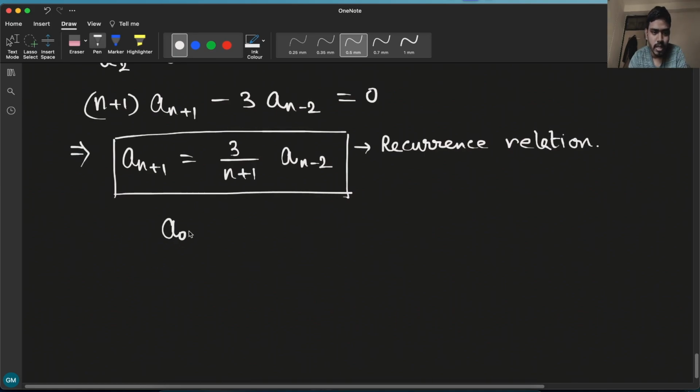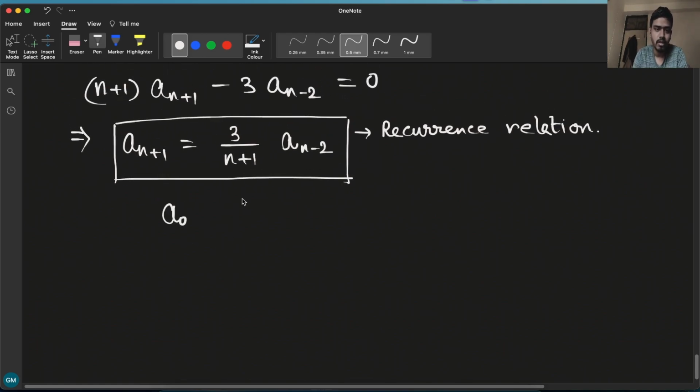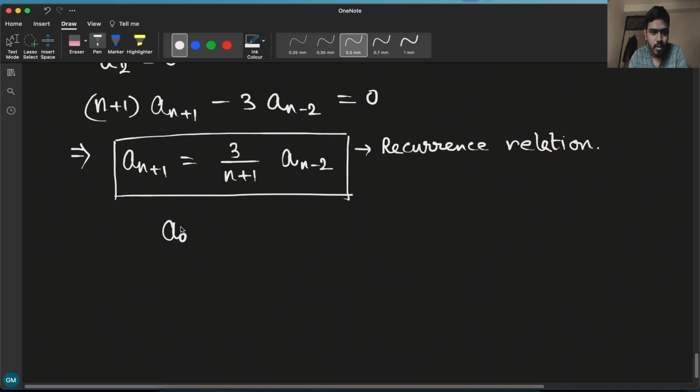We don't know what a0 is. a0 is not 0, so let's start with a0 and assume a0 is a constant. I will use this recurrence relation to get the other terms. If I put n equals 2 in this recurrence relation, we will get a3 equals 3 divided by 3 times a0, which equals a0.